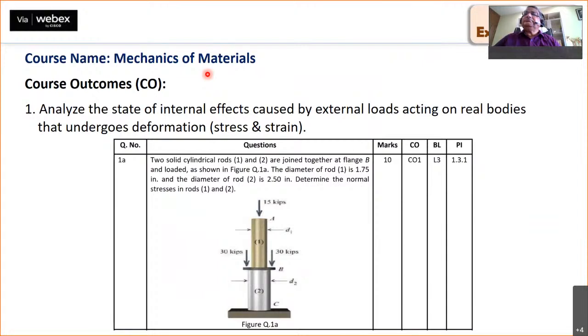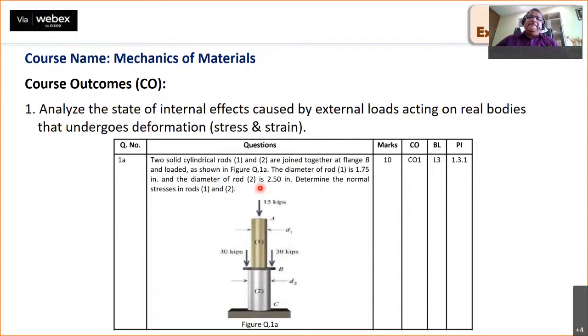Samples of rubrics are given in the exam reform policy document, for mini project and final project, for internal review, mid review, and final review. So here, mechanics of materials: analyze the state of internal effects. If you are familiar with this subject, see whether this question relates to this CO or not.